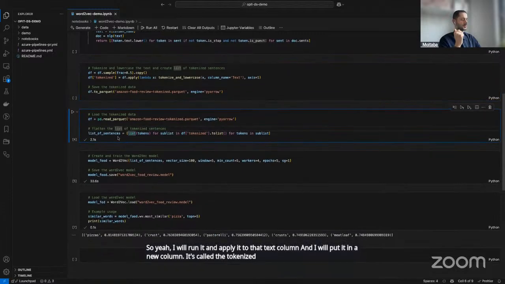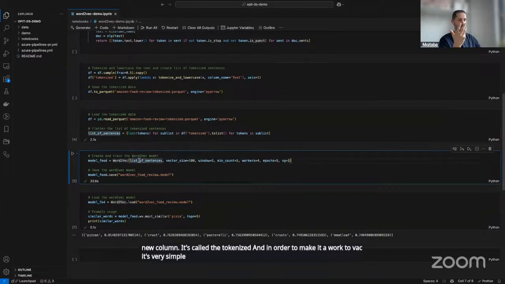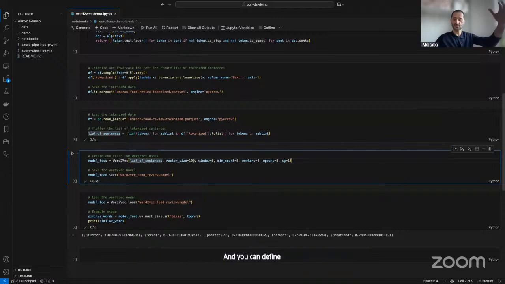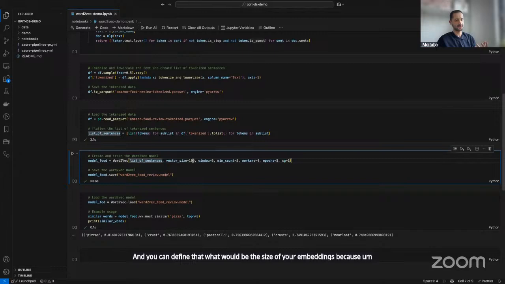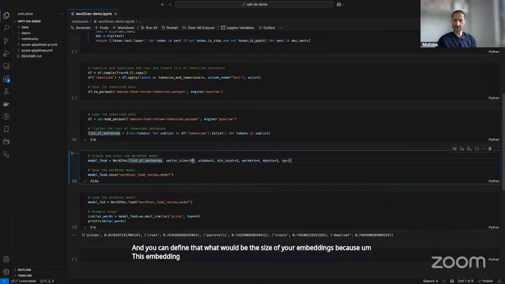And in order to make it a Word2Vec, it's very simple. I just need to create a list of sentences, and you can define what the size of your embeddings would be. We don't know exactly what this embedding size represents, but it can represent different aspects or directions in that vector space.